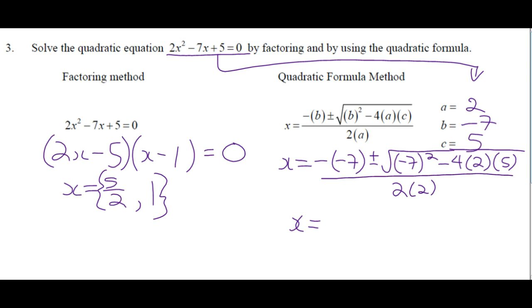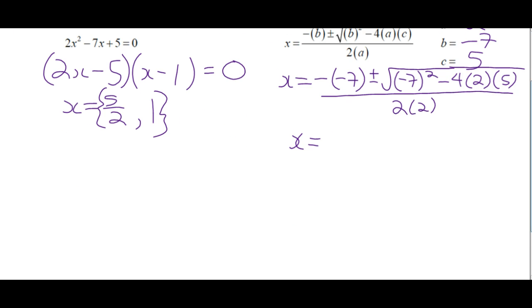Now I can work that down. What's the negative of negative 7? Positive 7. What is negative 7 squared? When you multiply negative 7 times negative 7, you get 49.